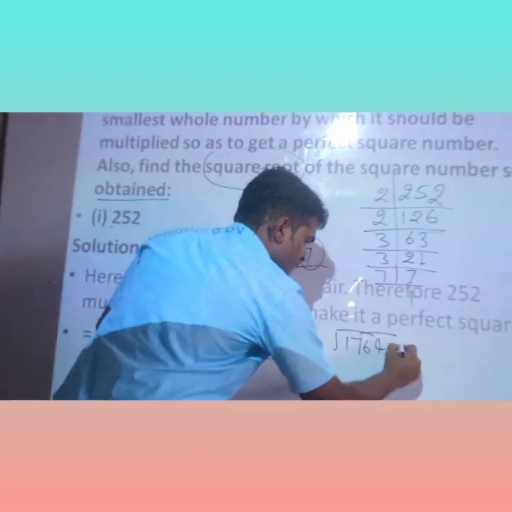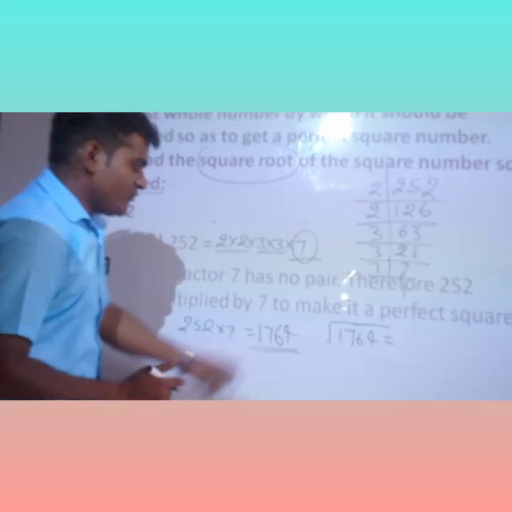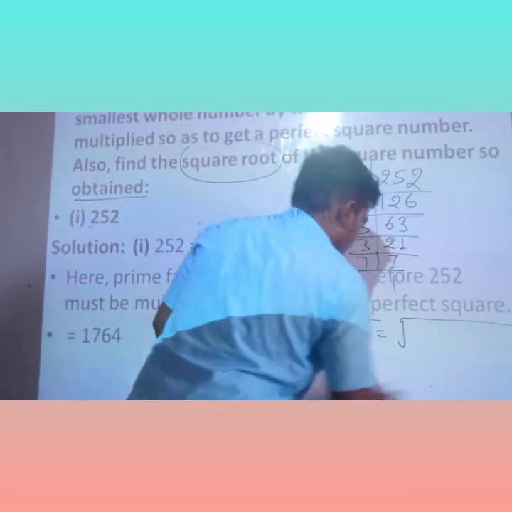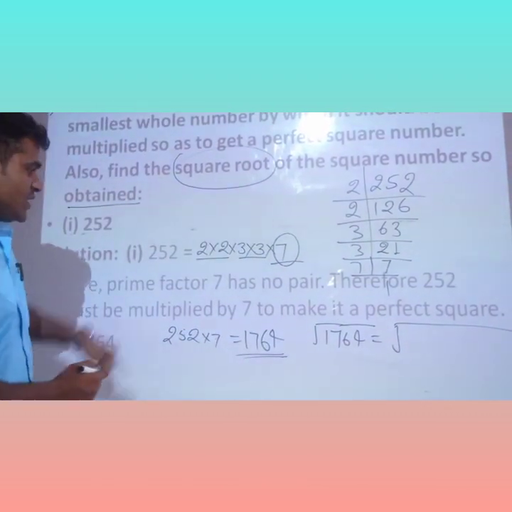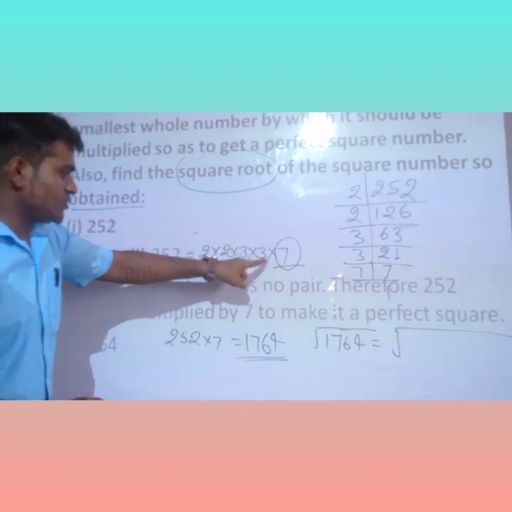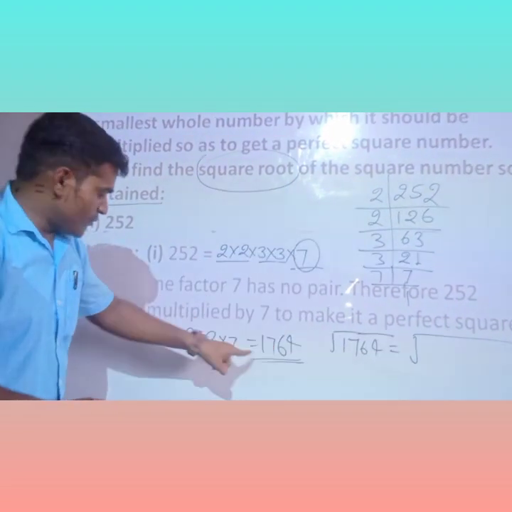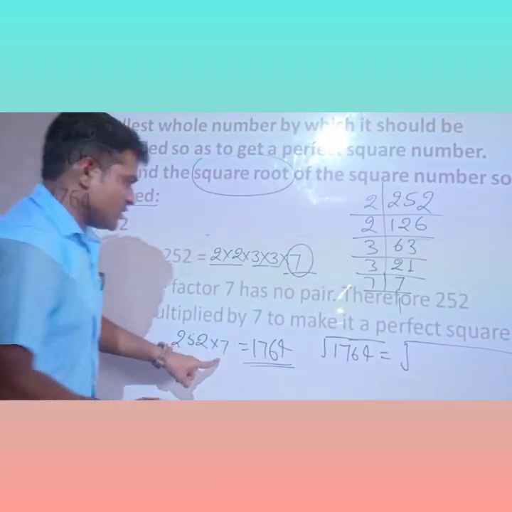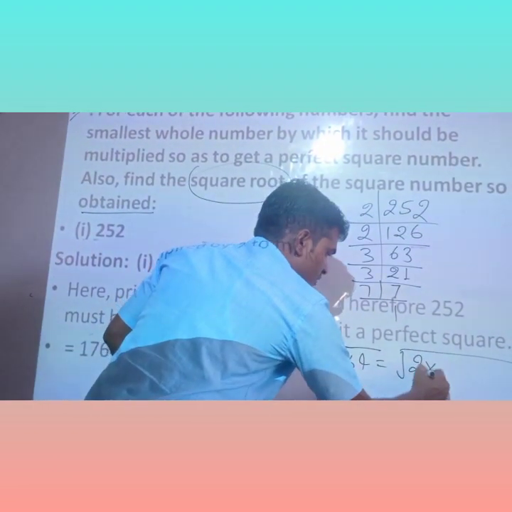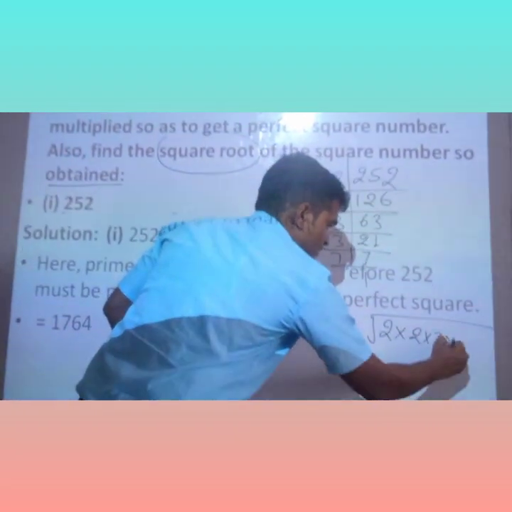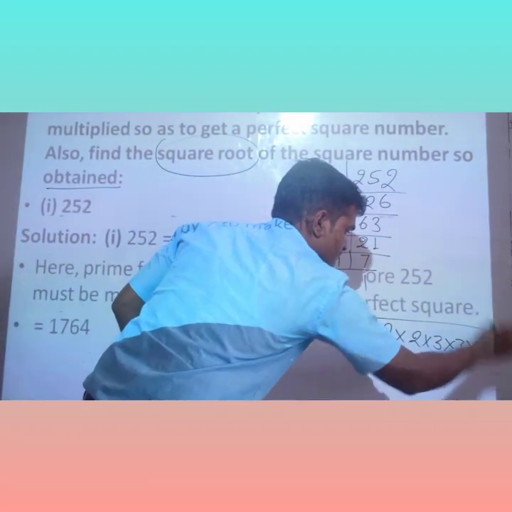Children, we must find its prime factors. The prime factors of 1764: 2 into 2 into 3 into 3 into 7 is already there, and we multiplied this by 7. So we get prime factors 2 into 2 into 3 into 3 into 7 into 7.